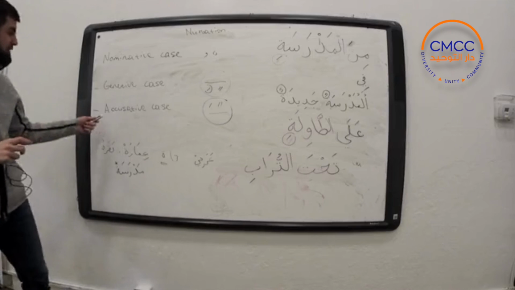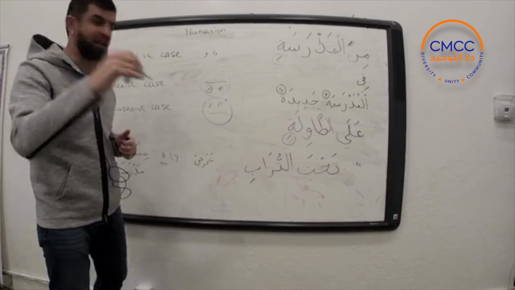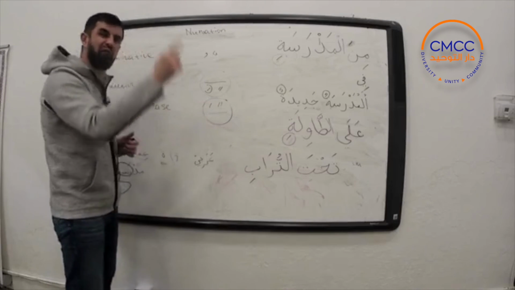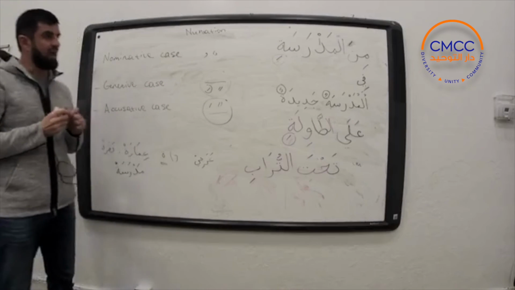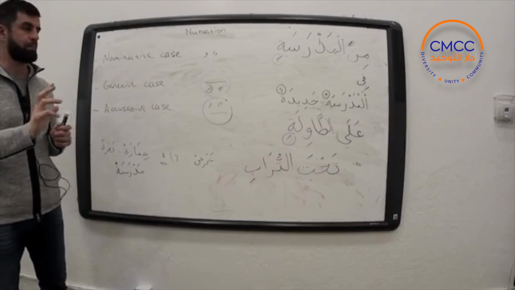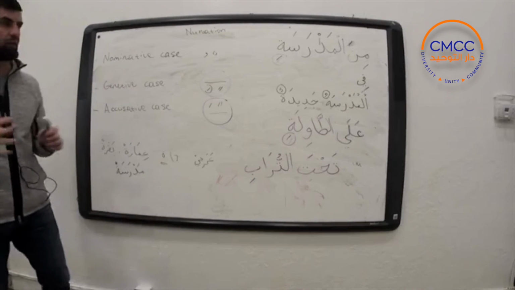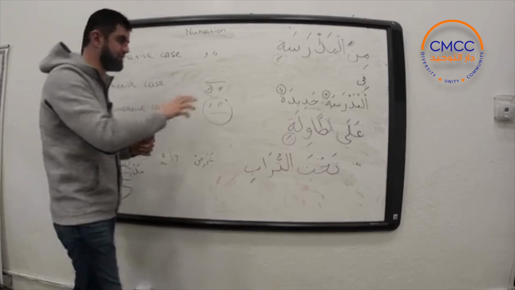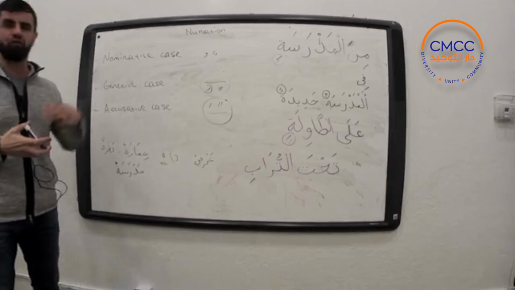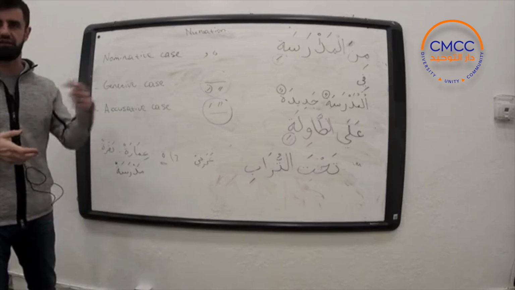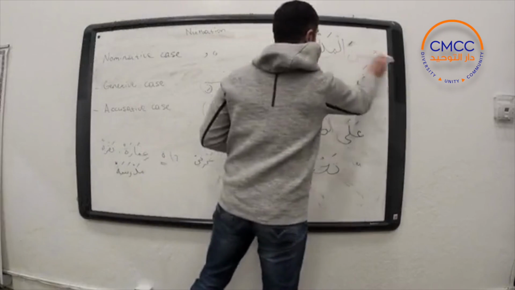In order for me to explain the accusative case, the reason for a noun or adjective to be in this position, to have fatha, okay, -an or a, I have to briefly explain the sentence that includes verbs. It's going to be very fast, but it's not our topic. Probably at the end of the course, we're going to learn these verbal sentences, and that's why I'll just explain it very briefly.